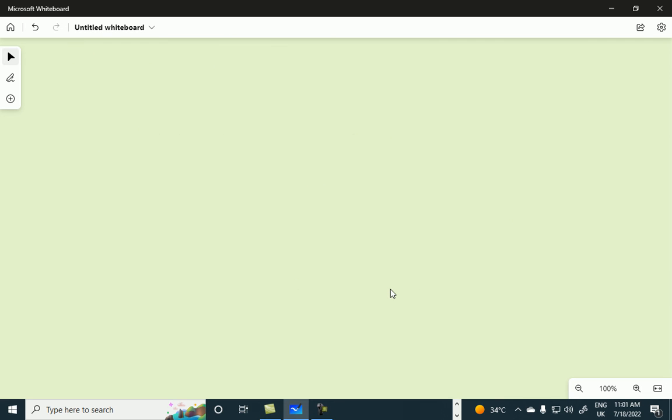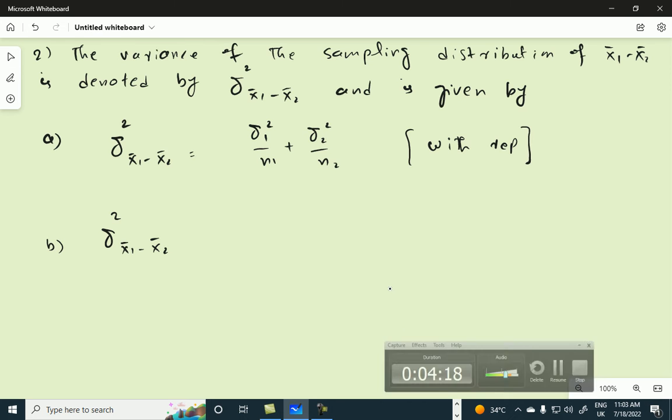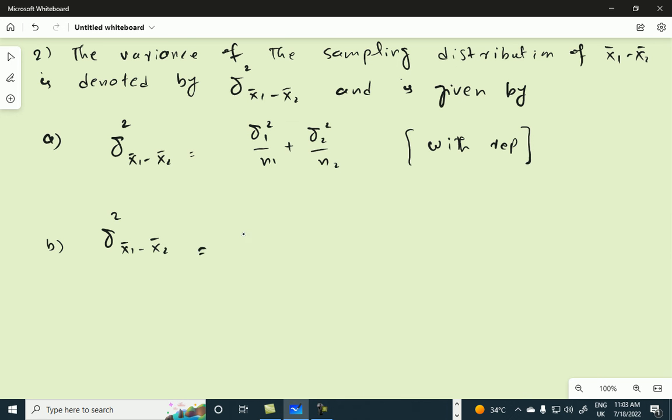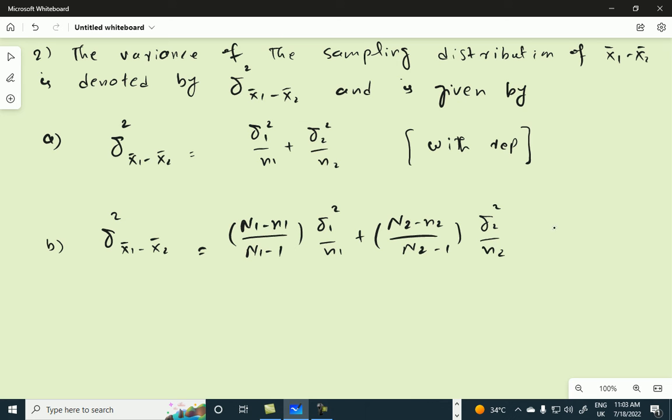Turn to the second property. The second property is this is equal to (N1 minus n1) divided by (N1 minus 1) into sigma 1 square divided by n1, plus (N2 minus n2) divided by (N2 minus 1) into sigma 2 square divided by n2.